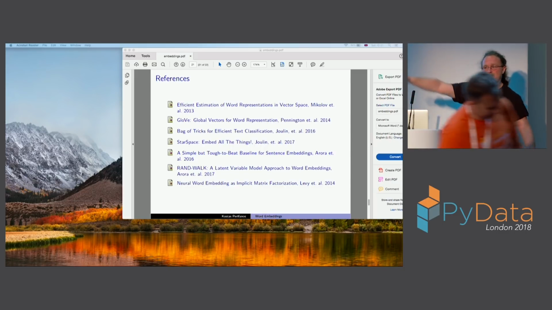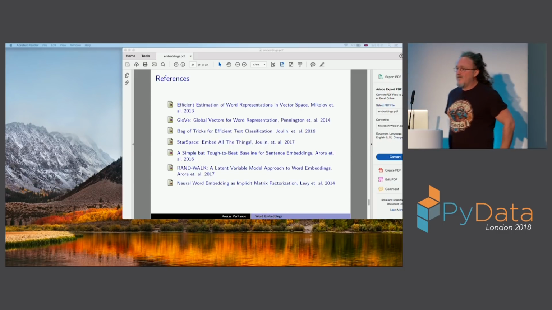And then, just a bit of a technical question. You mentioned 200 and 300 as embedding sizes that are reasonable for GloVe for words. What happens with articles, and embedding sentences and articles? Are they the same sort of embedding size?